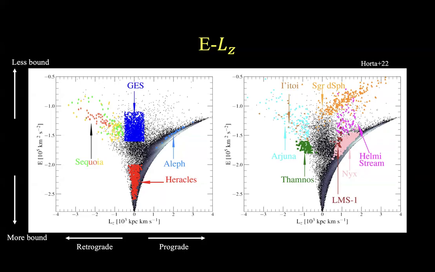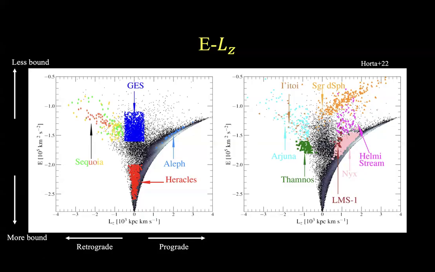In the high energy retrograde space, they divided it into three populations. They selected all the high energy retrograde stars, made a box like this, looked at the metallicity distribution function and found three peaks.